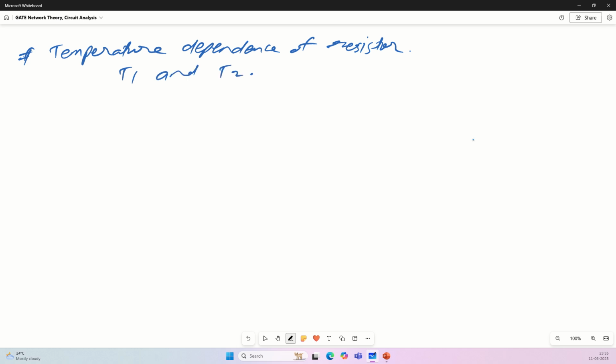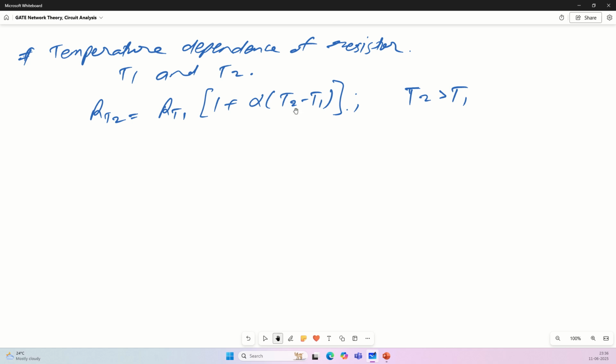Then the resistance at temperature T2 of an element can be written as the resistance at temperature T1 multiplied by 1 plus alpha times T2 minus T1, where I am considering T2 is greater than T1. So T2 minus T1 is a positive quantity.